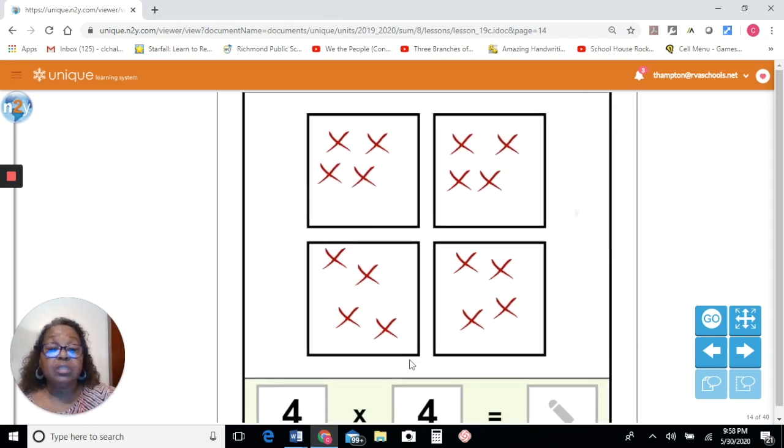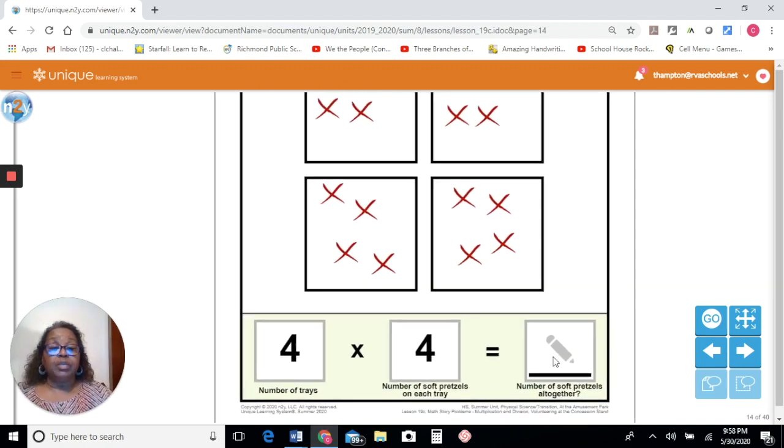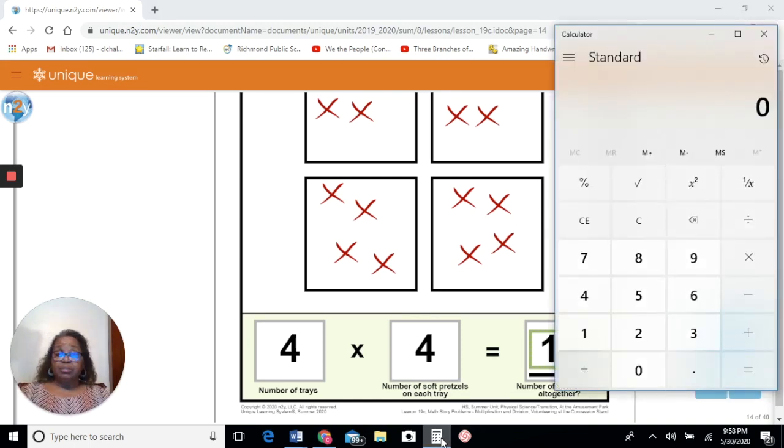Let's count to see what the answer would be because we're doing addition. 1, 2, 3, 4, 5, 6, 7, 8, 9, 10, 11, 12, 13, 14, 15, 16. So we know the answer is going to be 16. Let's see if we use the calculator if we'll get the same answer.